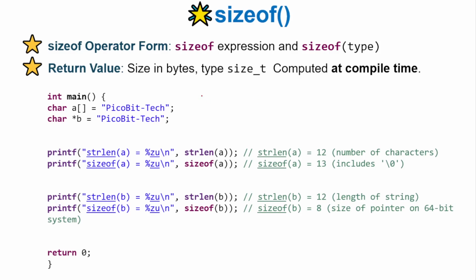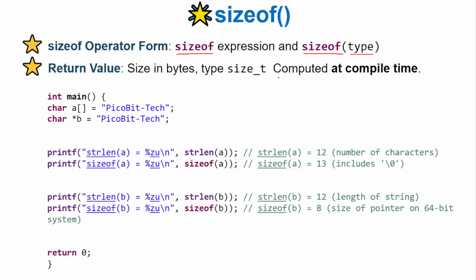sizeof. Unlike strlen, which scans the string in memory and counts characters until it reaches the null terminator, the sizeof operator does not read the string at all. Instead, it simply reports the total amount of memory in bytes that has been allocated for the object at compile time.